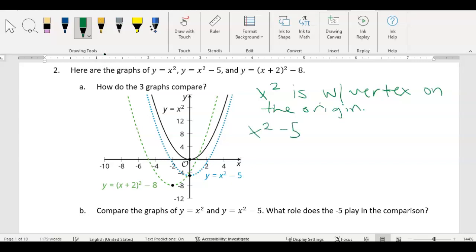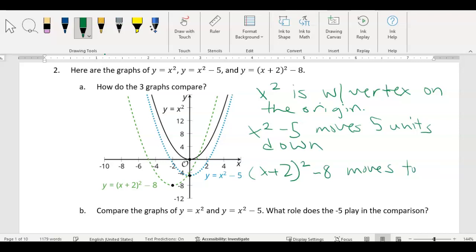X squared minus 5 moves, or translates, 5 units down, and (x plus 2) squared minus 8 moves 2 units left and 8 units down.